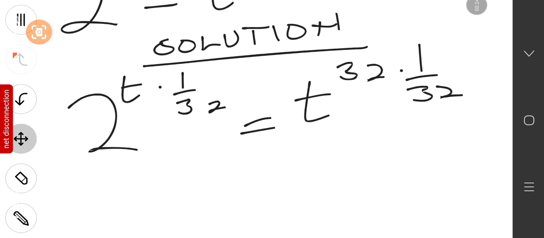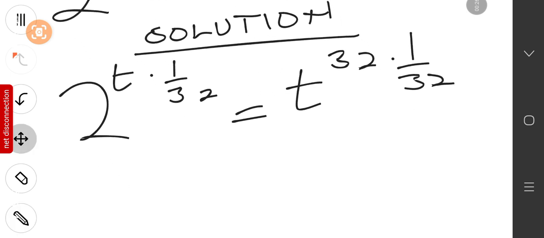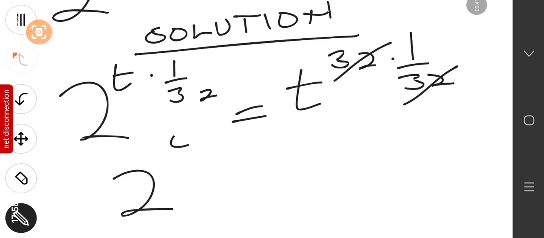All right, now the goal is to get to a point where the left part of the equation has the same form as the right part of the equation so that we can compare and then derive our answer, okay? So here, this and this will cancel. So you're going to have 2 exponent t over 32 equals t exponent 1.